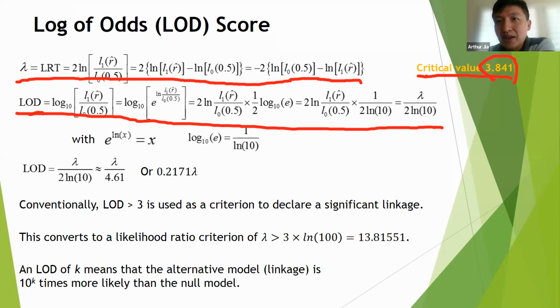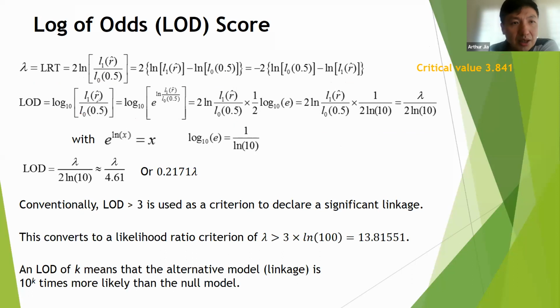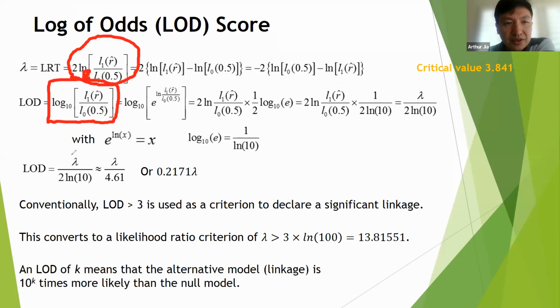Let me erase this. Instead of using this form, we just use this. This is the natural log. We use the log base 10 transformation for this ratio, the likelihood ratio.